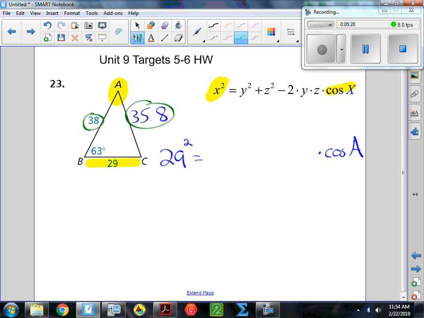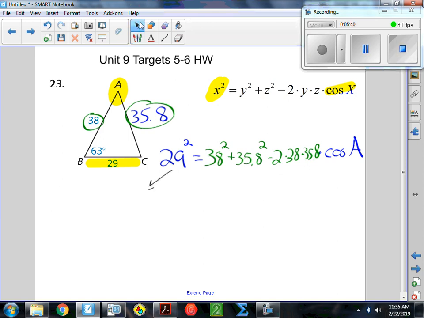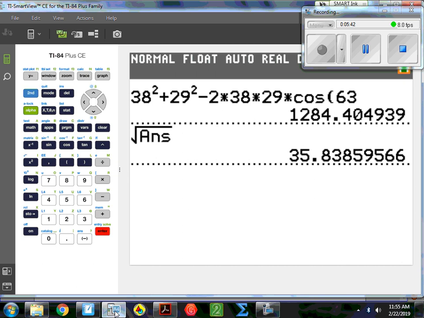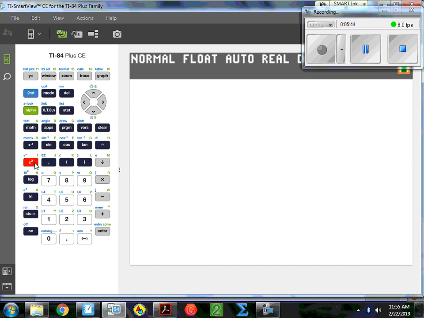So the 29 squared is going to equal the 38 squared plus 35.8 squared minus 2 times 38 times 35.8 times cosine of A. I'm going to use my calculator, so go a little bit back and forth. Okay, 29 squared is 841.